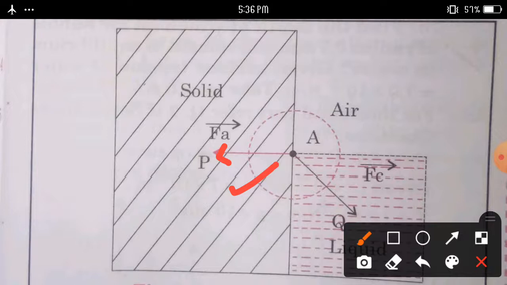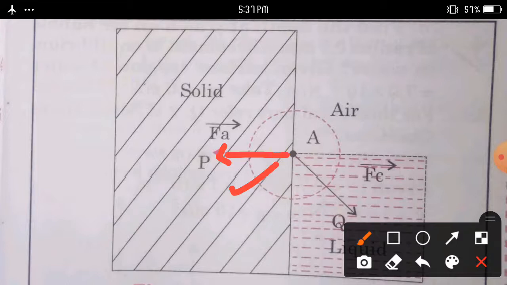By symmetry, the resultant adhesive force is perpendicular to the surface of the solid and it is represented by AP. Next, cohesive force exerted by the molecules of the liquid.